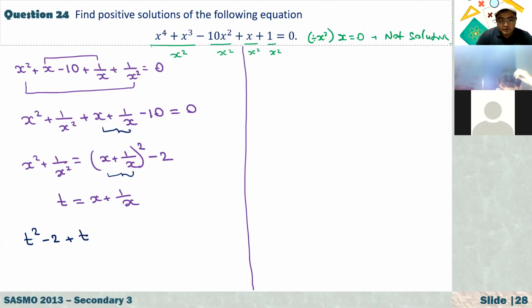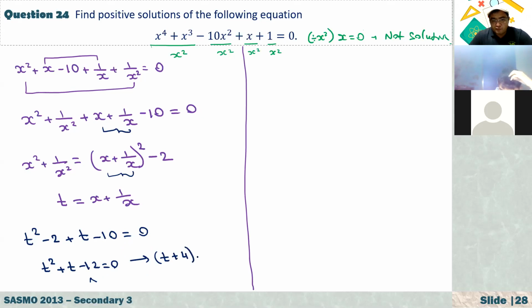It's just equal to t, and minus 10 is equal to 0. Or I have here this quadratic equation, t squared plus t minus 12 is equal to 0. And we have already studied how to solve this by factorization, right? And here we have 4 times minus 3, 4 plus minus 3. So I can factorize this as t plus 4 and t minus 3 is equal to 0.